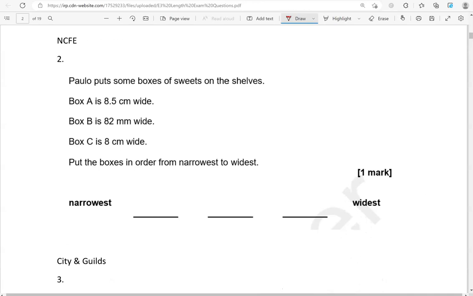Paolo put some boxes of sweets on the shelves. Box A is 8.5 centimeters wide. Box B is 82 millimeters wide. Box C is 8 centimeters wide. Put the boxes in order from narrowest to widest. So we've got these lengths given in centimeters or millimeters.